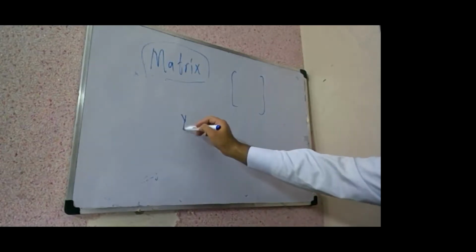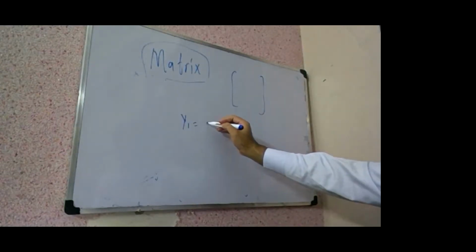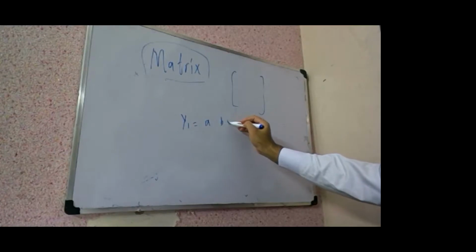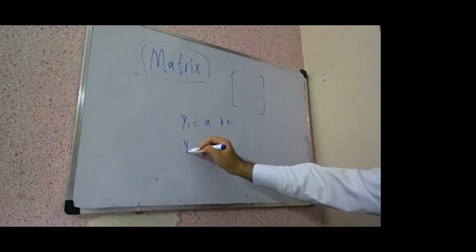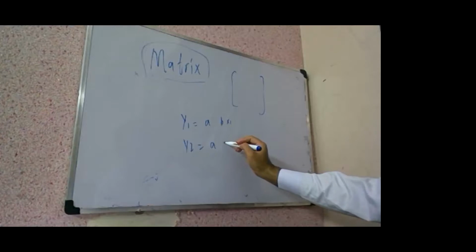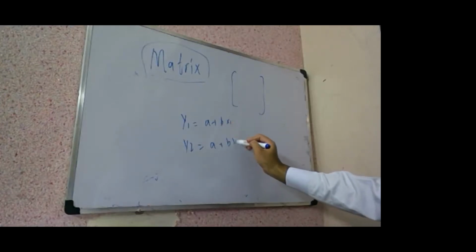Now, it mostly solves the economic problem when we have a system of equations. A system of what kind of equations? Linear equations. Let's say y1 equals a plus b x1, then y2 equals a plus b x2.